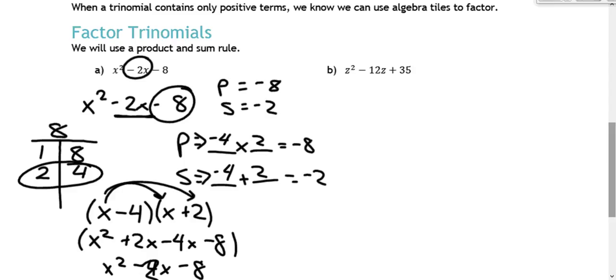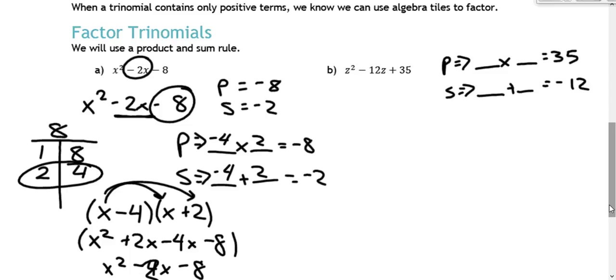z squared minus 12z plus 35. So the product needs to be two numbers that multiply to 35, and the sum needs to be two numbers that add to negative 12.